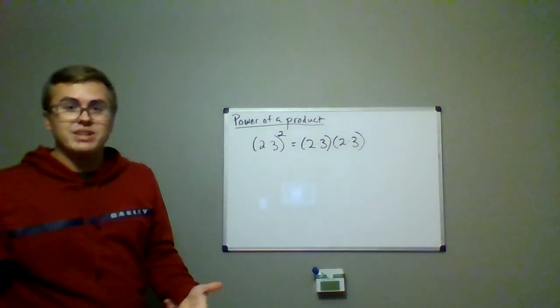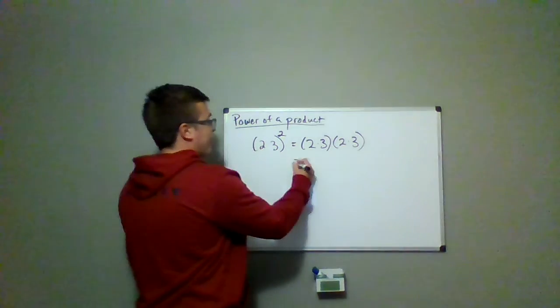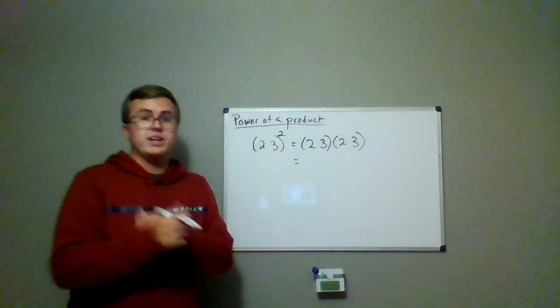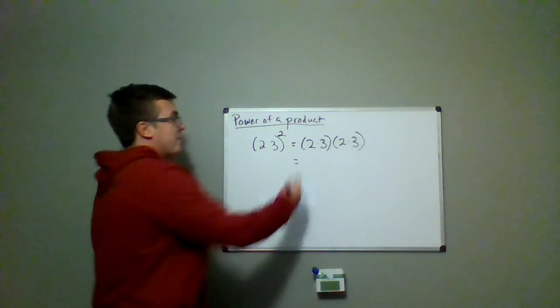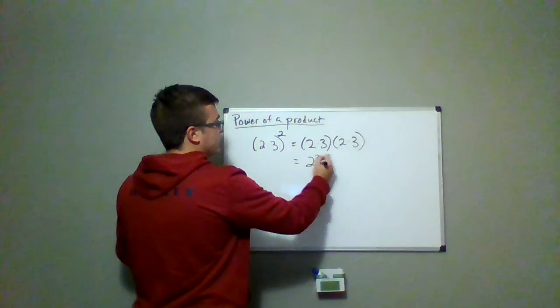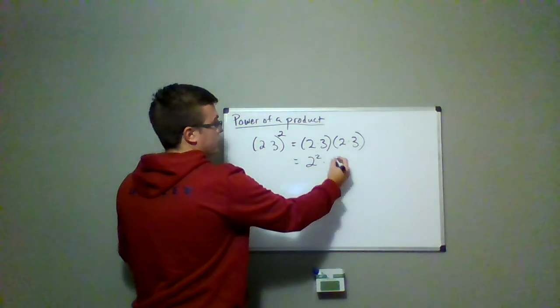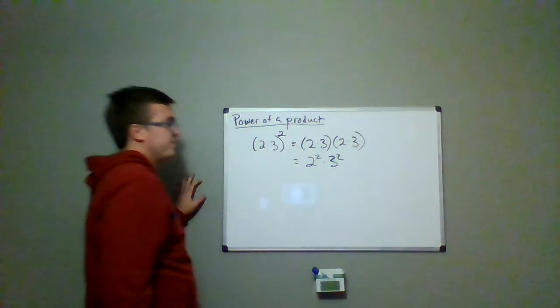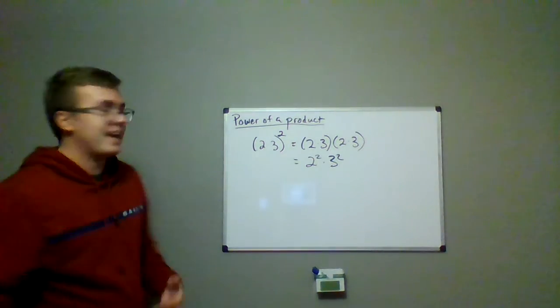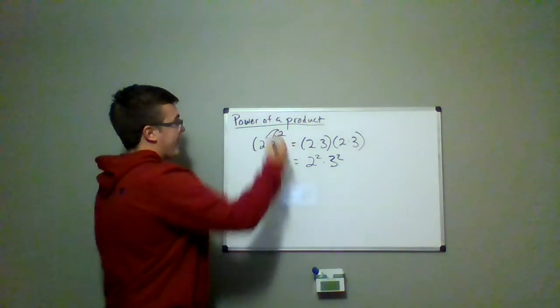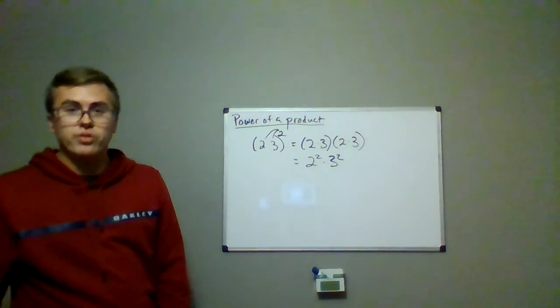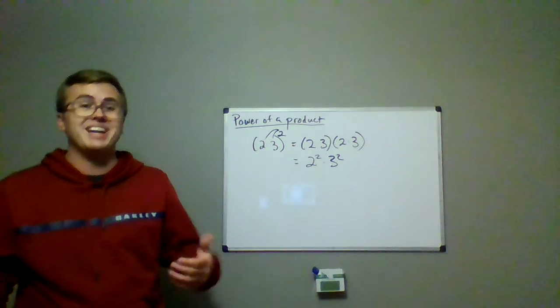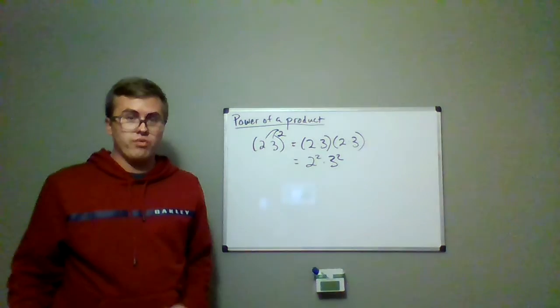Since everything is being multiplied, I can drop the parentheses and rearrange things. So I have 2 2's, 2 squared, and I have 2 3's, 3 squared. So really I'm just distributing that power into both of those terms. I'm distributing an exponent over multiplication.